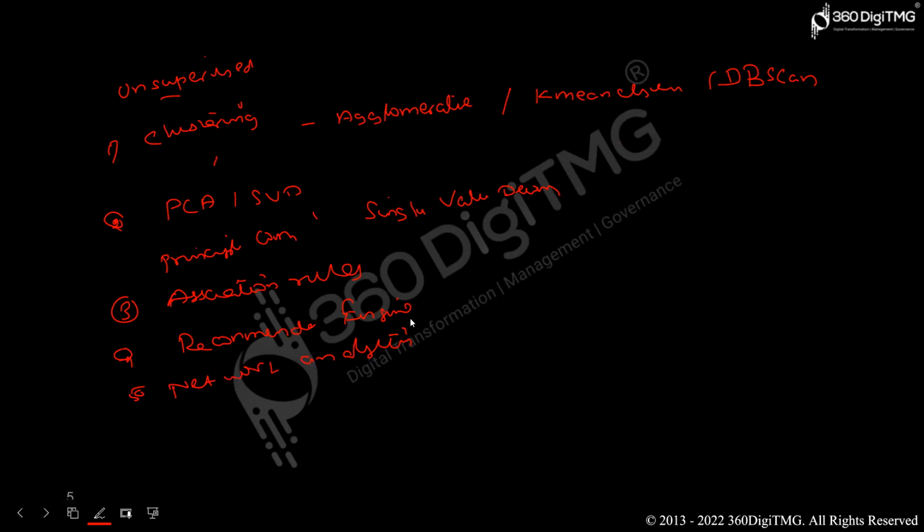So in the clustering topic, we have agglomerative, K-means, and DBSCAN. When it comes to PCA and SVD, we have principal component analysis and singular value decomposition. It is used to reduce the columns. PCA is reducing the columns. SVD is for images, to compress the image.